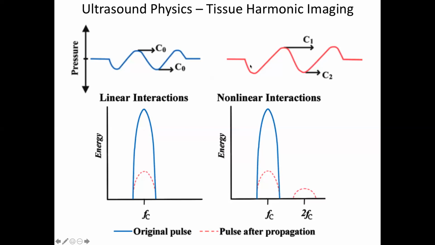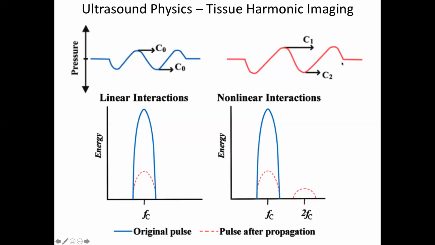Okay. So anyway, this is a really cool phenomenon, right? The pressure wave traveling through the tissue actually changes its shape. It gets distorted by this factor that the high pressure stuff moves quicker than the lower pressure stuff. And so as you go deeper and deeper, you eventually get more of a sawtooth traveling through the material than a sine wave, right?